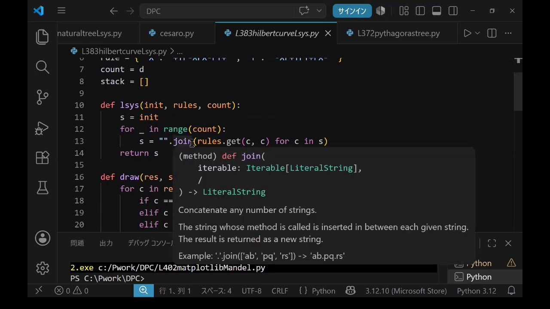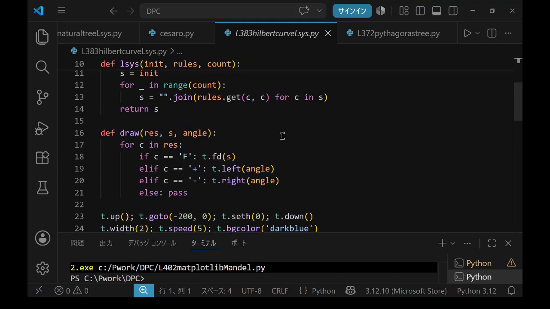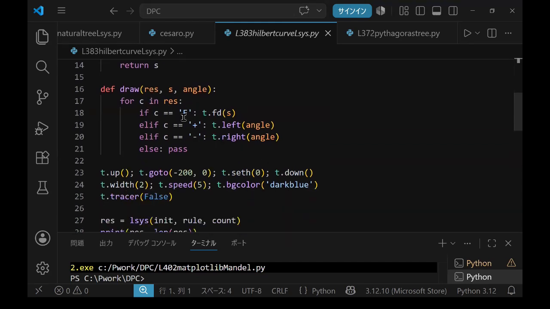translation rules. Okay, and after the symbol sequence is made, a very simple drawing process will take place, where when we have F, just go forward by S. When we have plus, we turn left by the angle.